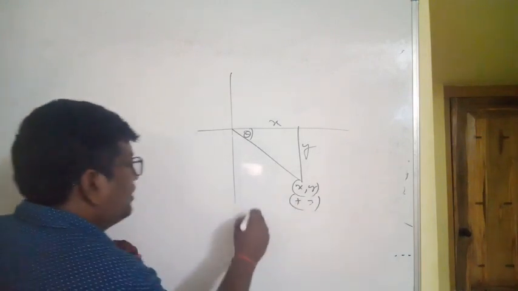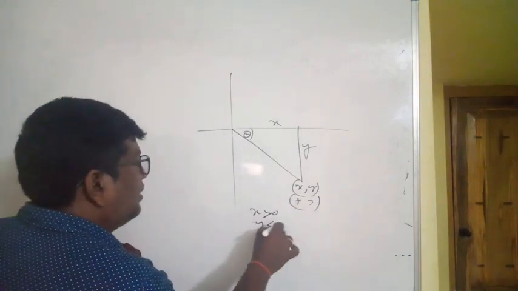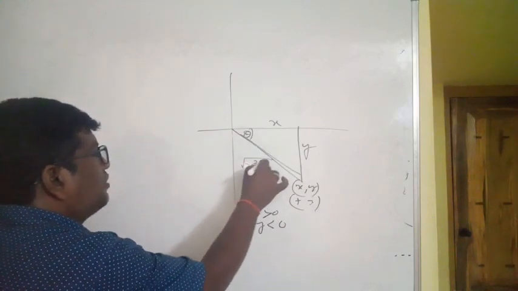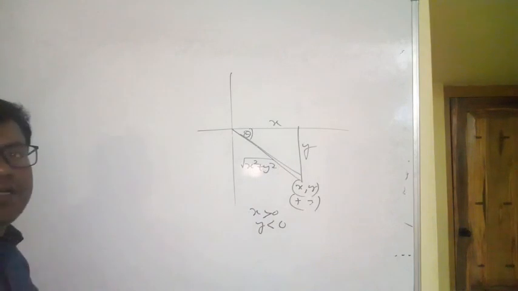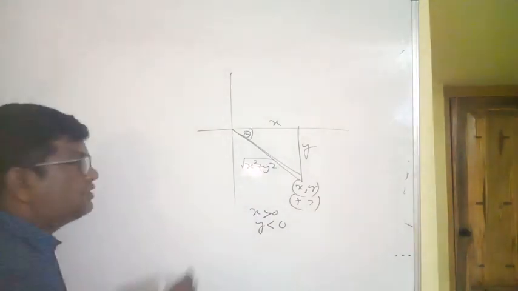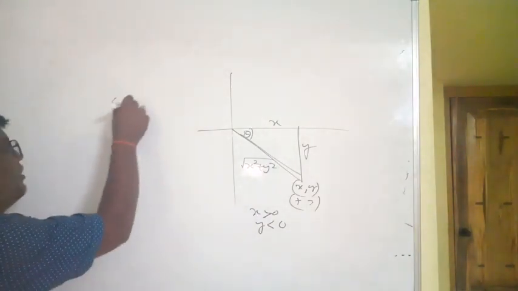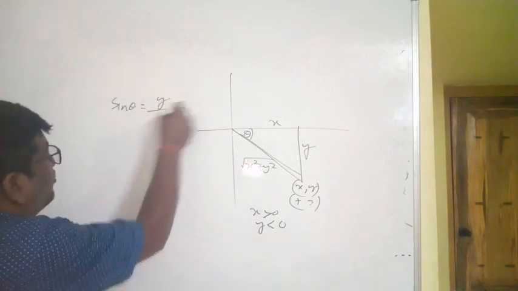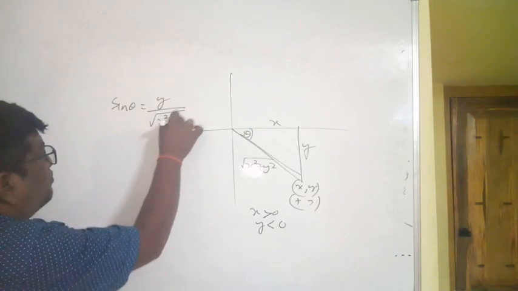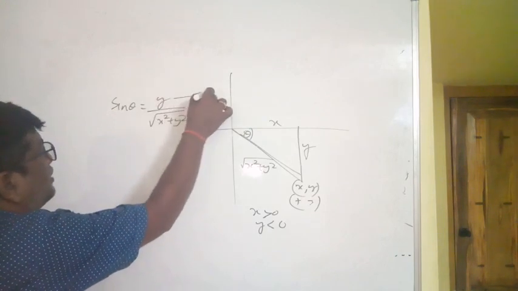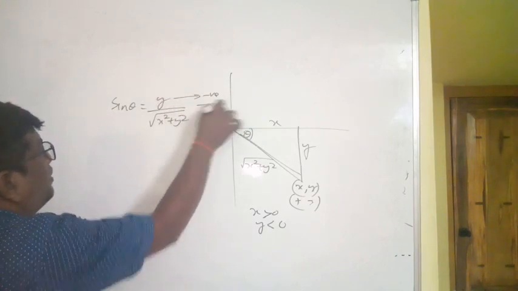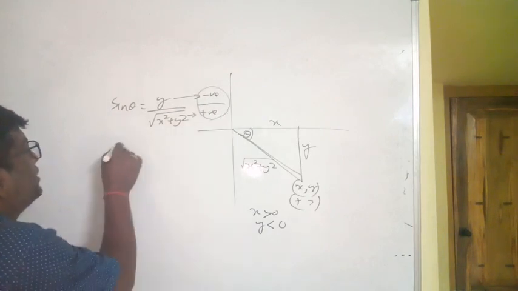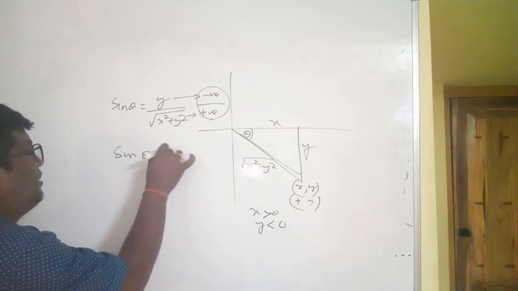X is greater than 0, y is less than 0, and this is root over x square plus y square. Sin theta is equal to P by h. What is P? Y by root over x square plus y square. This is negative divided by this is positive. So the result is negative. Sin theta is negative.